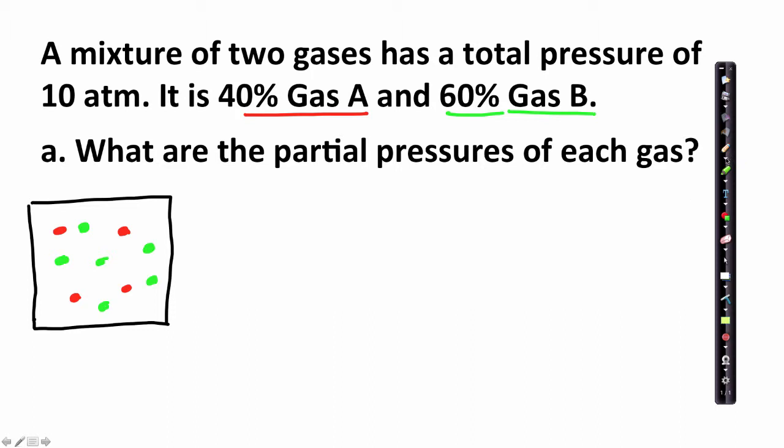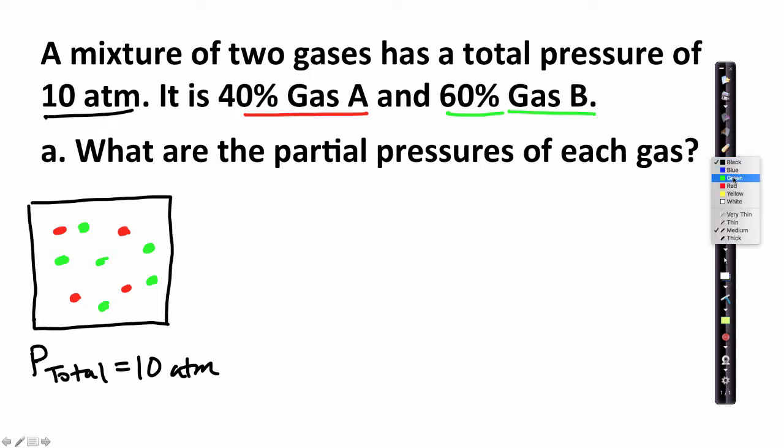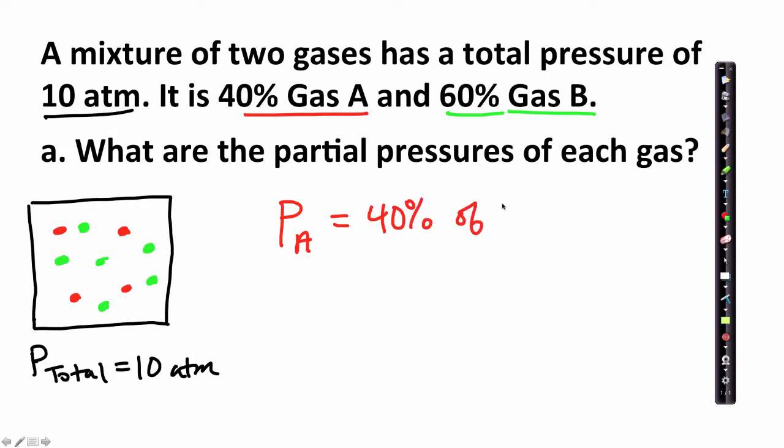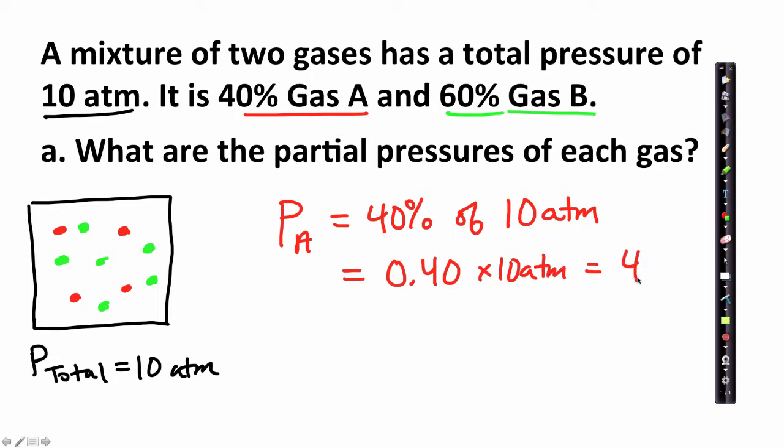Well, if the total pressure in this container is 10 atmospheres, and 40% of the gas is gas A, then it probably would make sense that the pressure of gas A would be 40% of the total pressure of 10 atmospheres, which could be written as 0.4 times 10, which is 4 atmospheres.